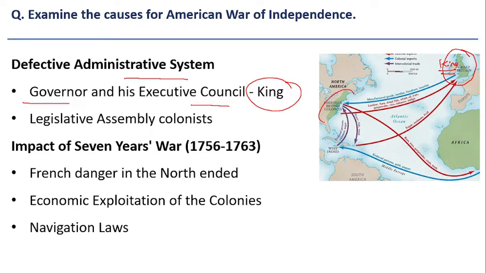Similarly, here the Governor and Executive Council were responsible to the king, whereas the Legislative Assembly was responsible to the local colonists. This kind of anomaly created friction in the administrative system. Gradually this made colonists think that the governor and executive council were unnecessary, and they wanted to fully rule for themselves.